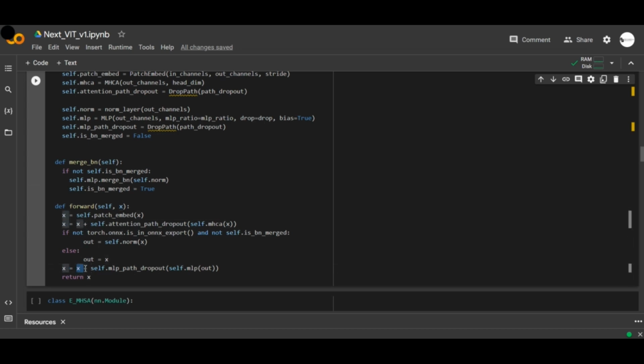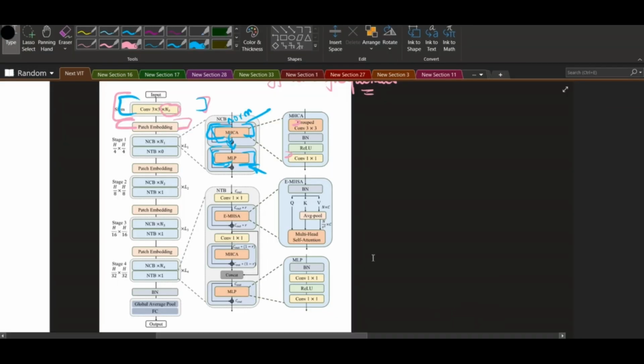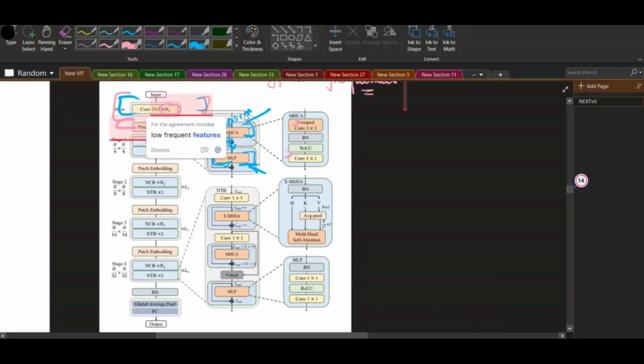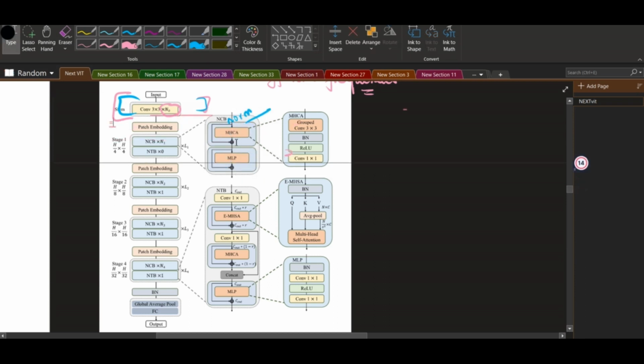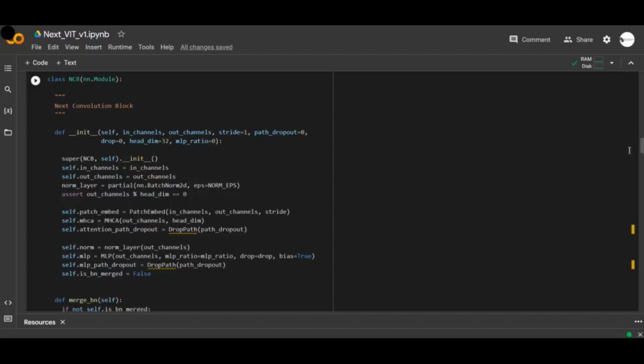We add the input after it has been transformed by the multi-layer convolution. So this is also shown in this diagram right here. We can clearly see all of that implementation in this diagram. So we just had a look into the next convolutional block.